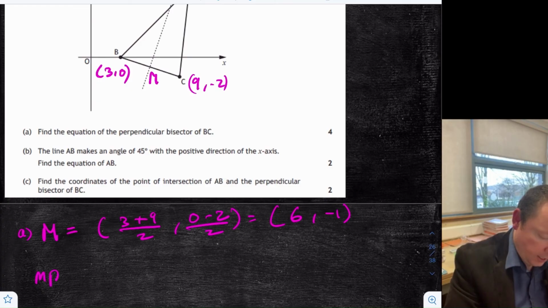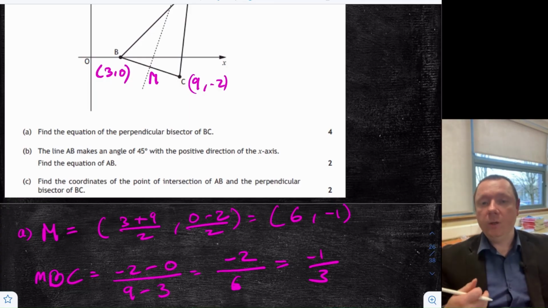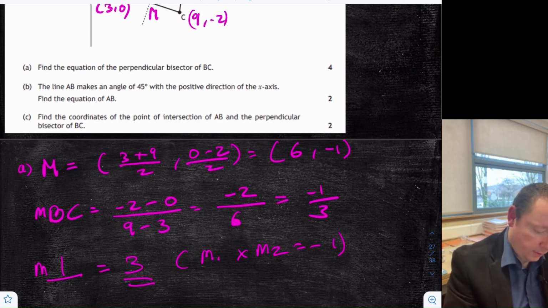So the gradient of BC is minus 2 take away 0 over 9 take away 3, minus 2 over 6, which is minus a third. And then, since we know it's perpendicular, the gradient of our perpendicular is equal to 3 because m1 times m2 is minus 1. So there's our key thing there.